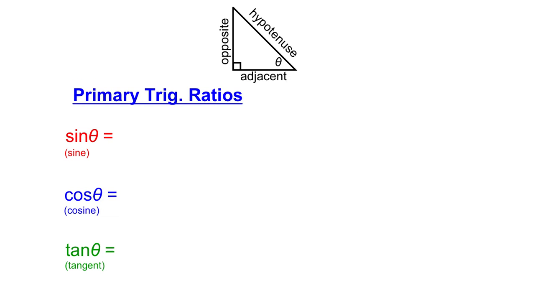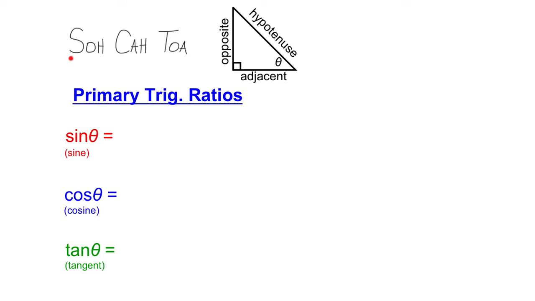Now in grade 10, you would have learned about the primary trigonometric ratios: sine, cosine, and tangent. And we have ratios that these are equal to. You might not remember them, but you might remember them too. They use the words opposite, adjacent, and hypotenuse in the ratio as a fraction.